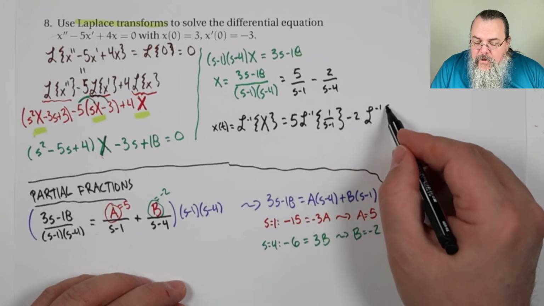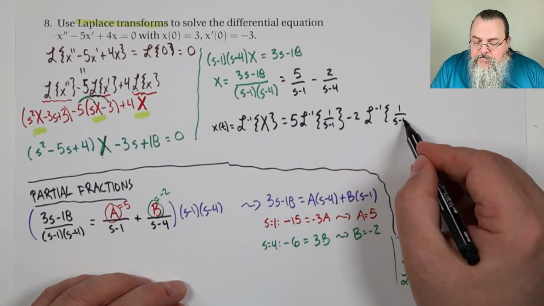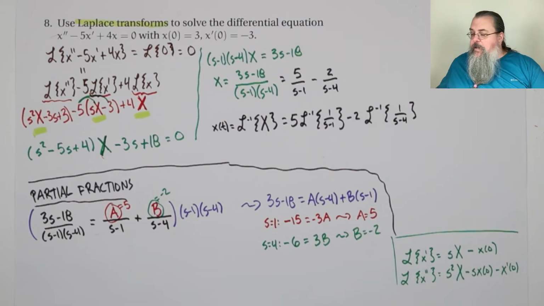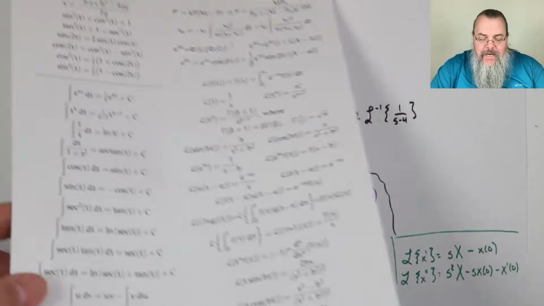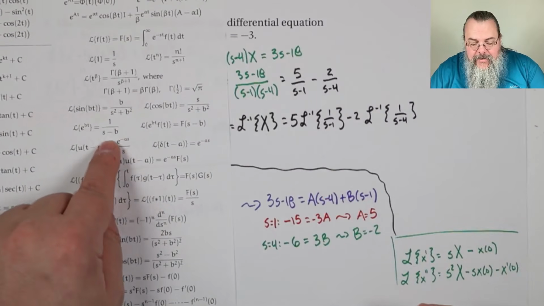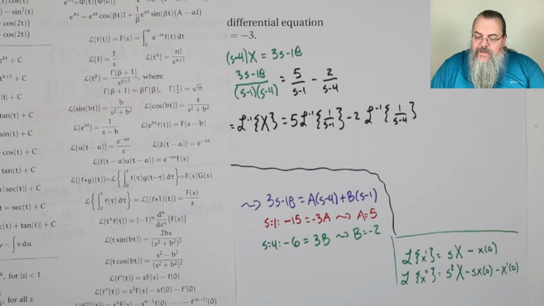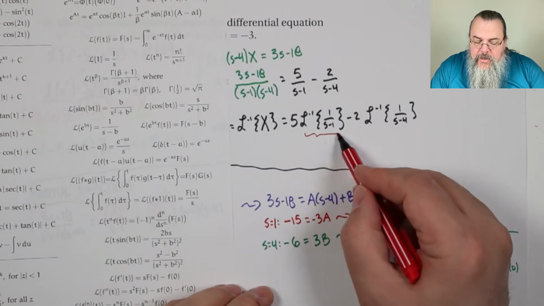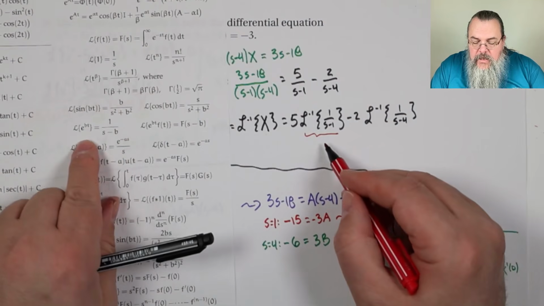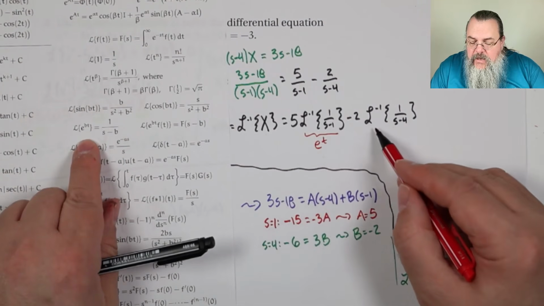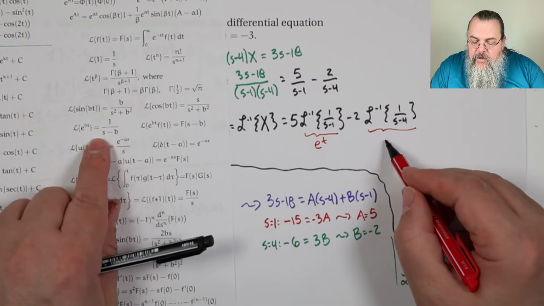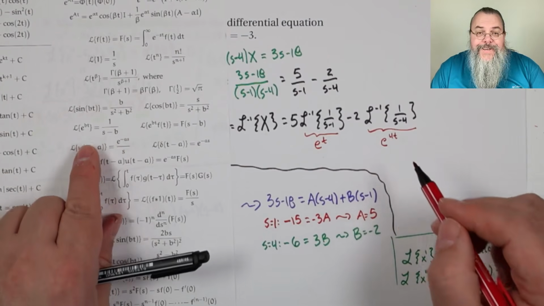So I'm going to use linearity. Then I'm going to grab my formula sheet and say, aha, s minus something downstairs means exponential. So in particular, this first term, 1 over s minus 1, would mean e to the t. The second term, 1 over s minus 4, e to the 4t.